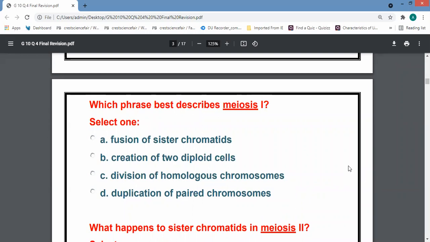Which phrase best describes meiosis one? Who can answer this question about meiosis one? I need him or her to differentiate between what happens to the chromosomes in case of meiosis and mitosis.